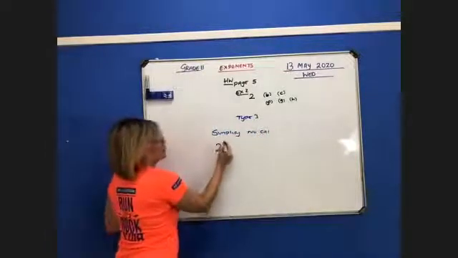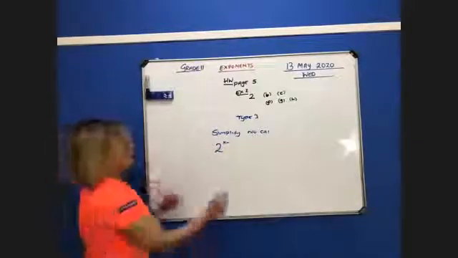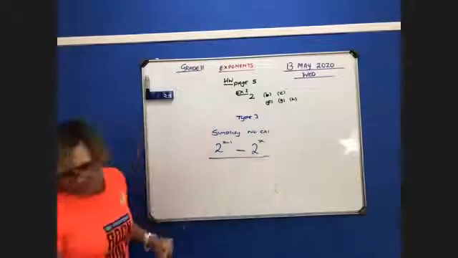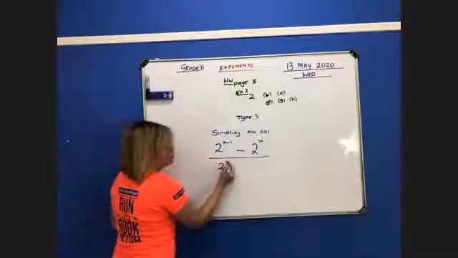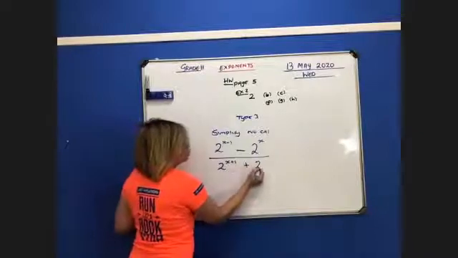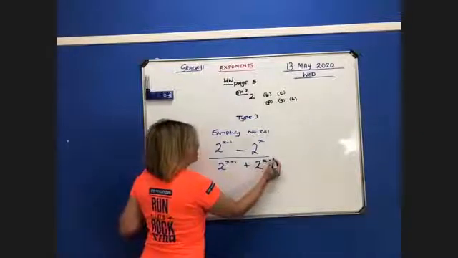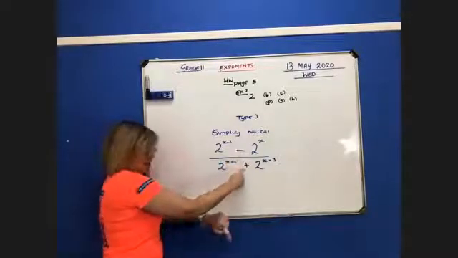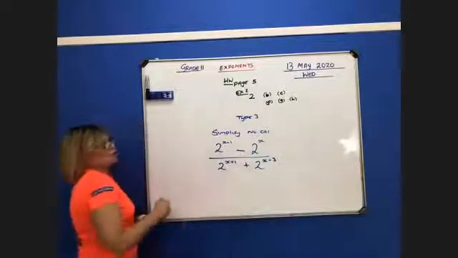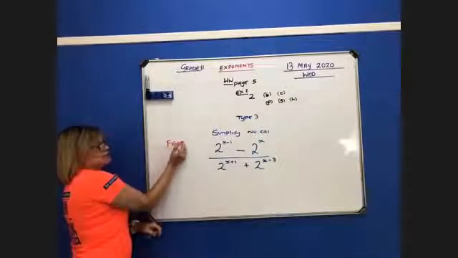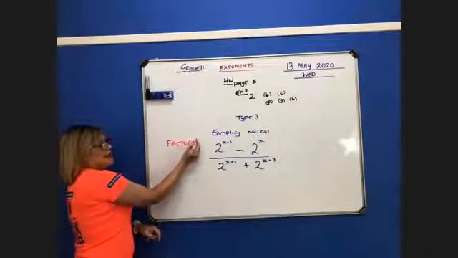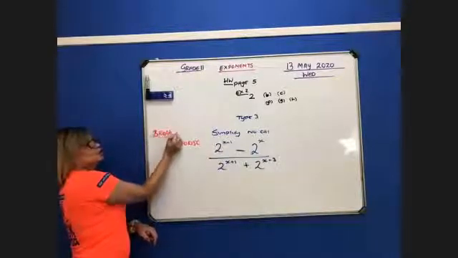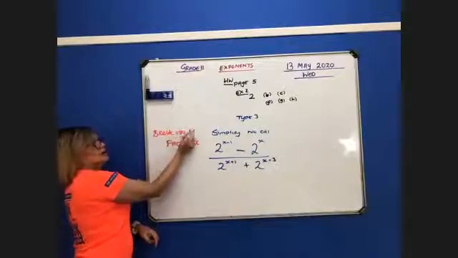I'm going to give you 2 to the x minus 1 minus 2 to the x, over 2 to the x plus 1 plus 2 to the x minus 3. Now, do you see the bases are joined by pluses or minuses? So we've got to factorize. But if you're going to factorize, first break into factors.